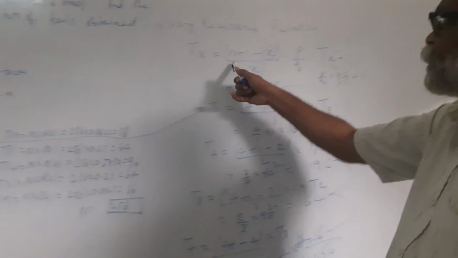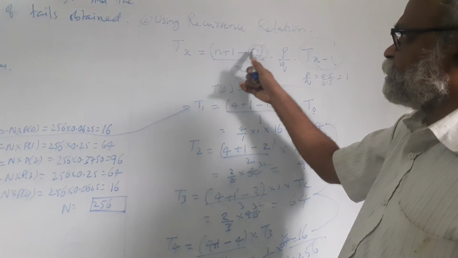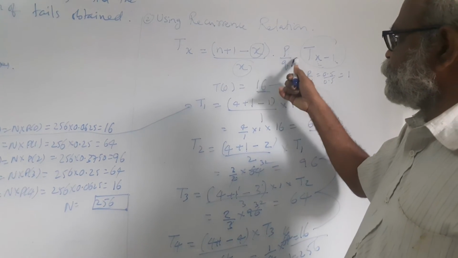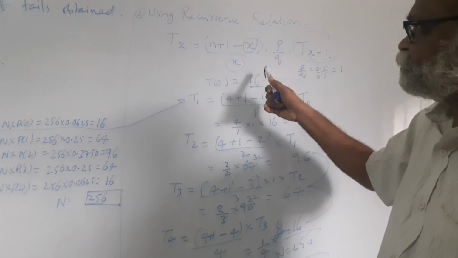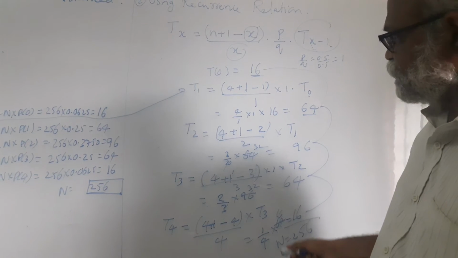Or else use the recurrence relation: Tx is equal to n plus 1 minus x divided by x into p by q into Tx minus 1. Substitute the x value and Tx minus 1 values, and you will get these values.